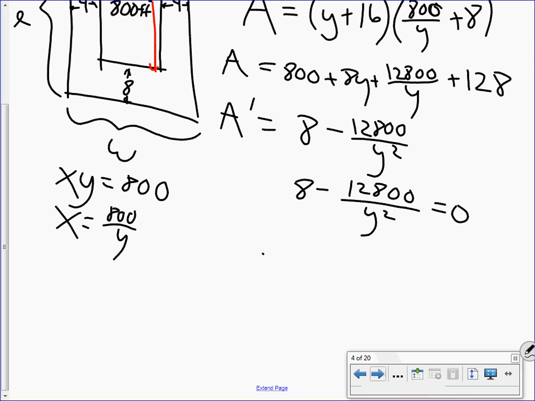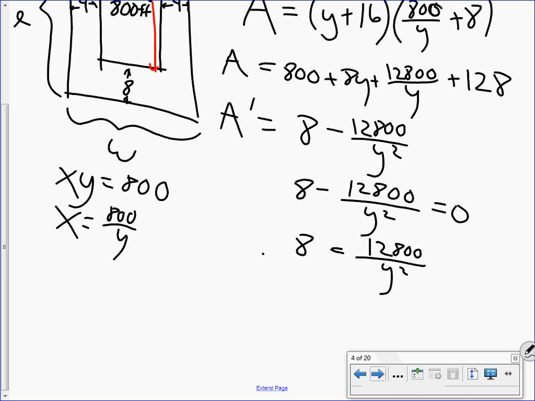And it's so nice when we do these because we often wind up with a positive term and a negative term. So what do we love to do? We're not rejecting anything. We bring the negative stuff over. We have a negative term, we add its opposite to both sides. So we set 8y equal to 12,800 over y squared.